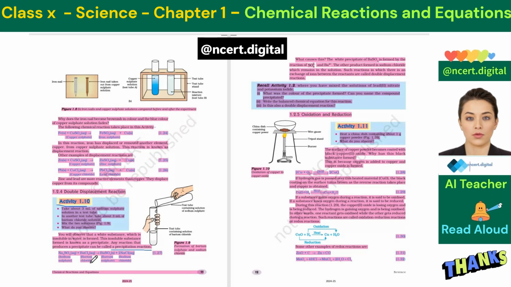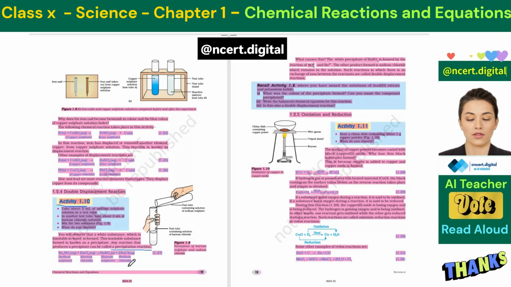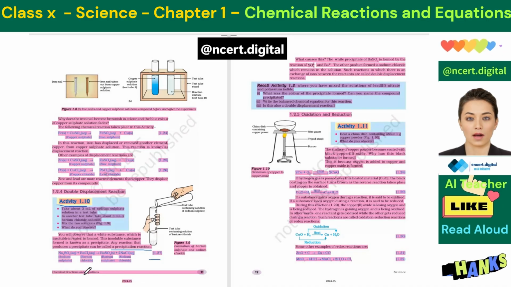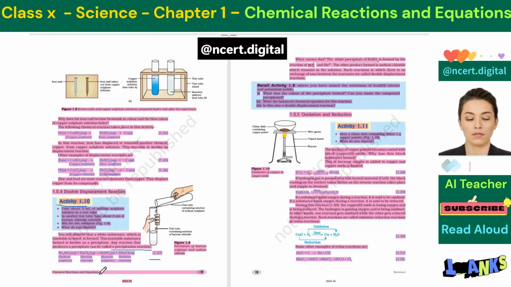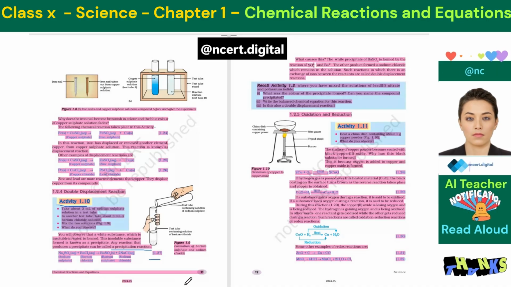Na2SO4(aq) + BaCl2(aq) → BaSO4(s) + 2NaCl(aq) (1.27). Figure 1.9. Formation of barium sulfate and sodium chloride. So what causes this?